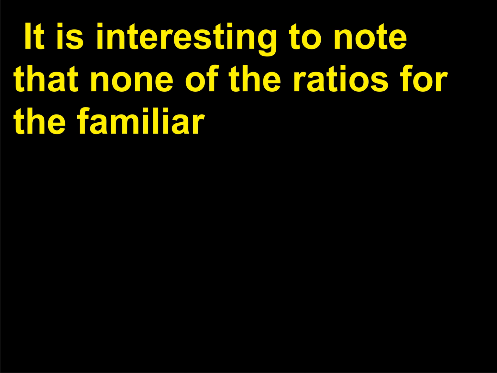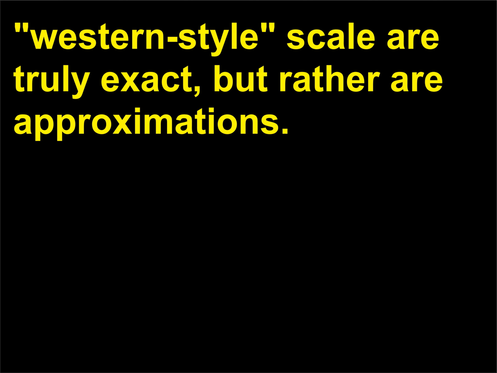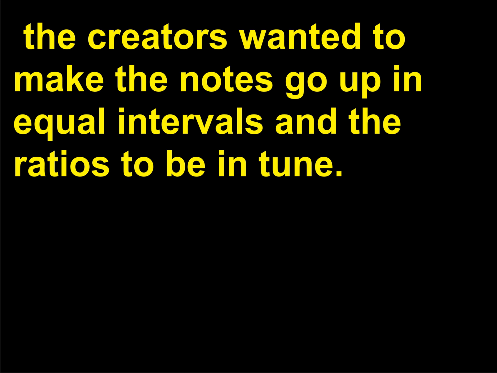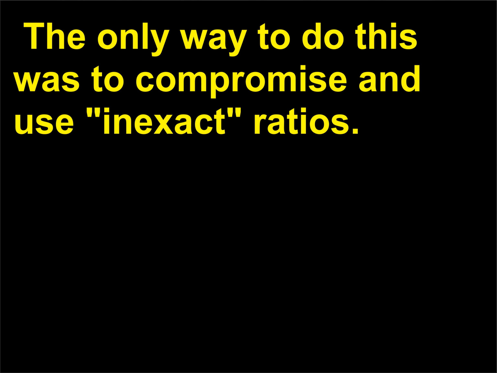It is interesting to note that none of the ratios for the familiar Western-style scale are truly exact, but rather are approximations. This is because when this scale was put together, the creators wanted to make the notes go up in equal intervals and the ratios to be in tune. The only way to do this was to compromise and use inexact ratios.